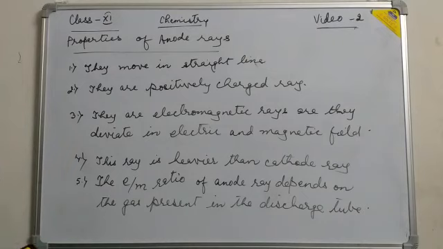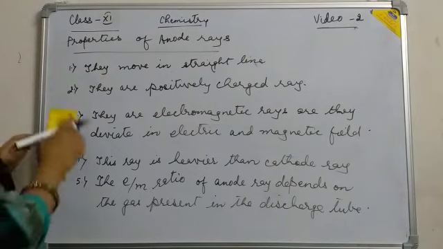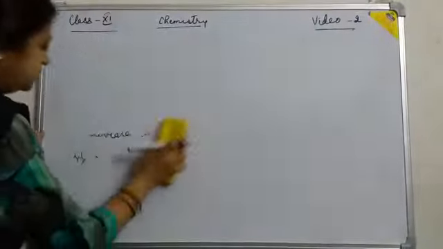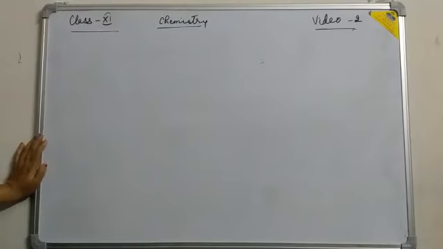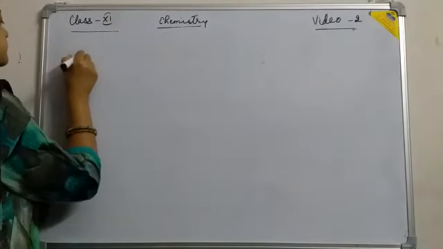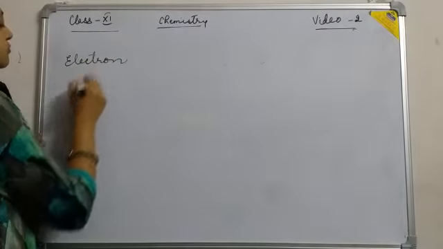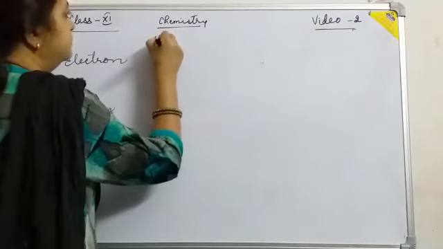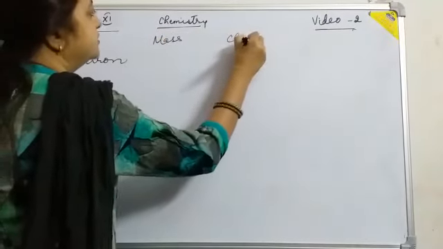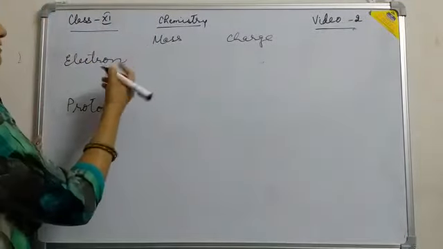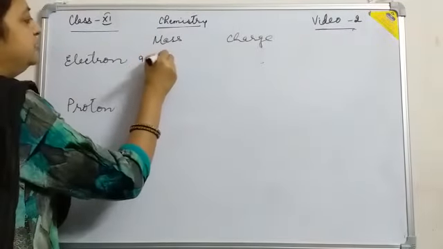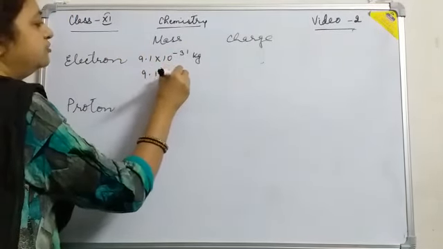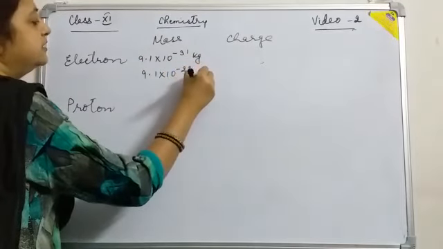After the discovery of properties of cathode and anode ray, we can conclude some properties of the fundamental particles, electron and proton. The mass of the electron is 9.1 into 10 to the power of minus 31 kg, or 9.1 into 10 to the power of minus 28 gram.